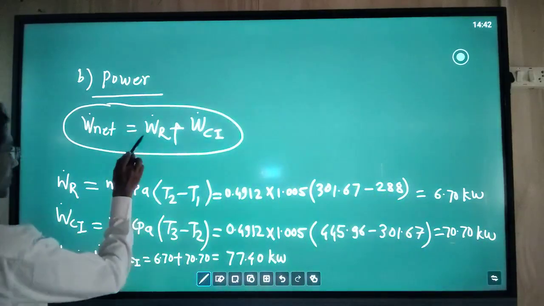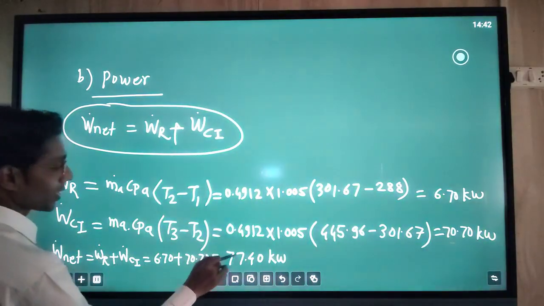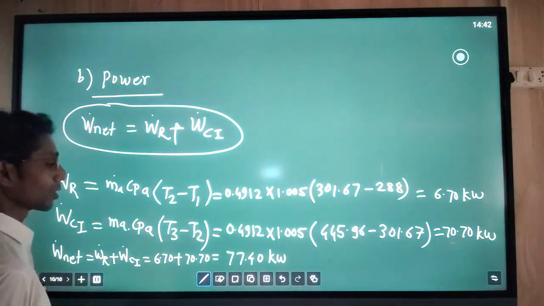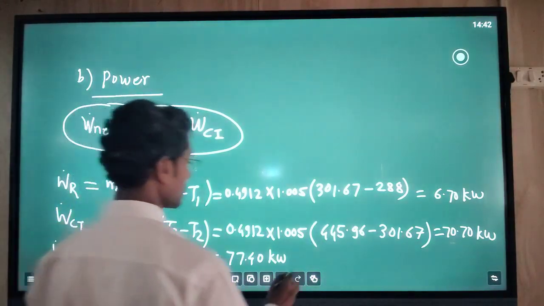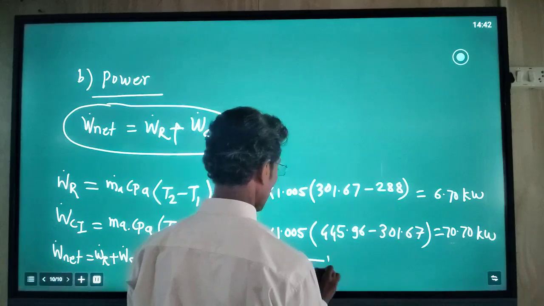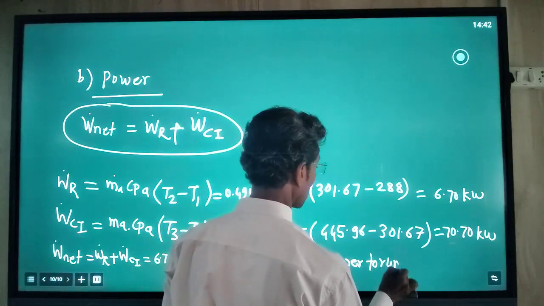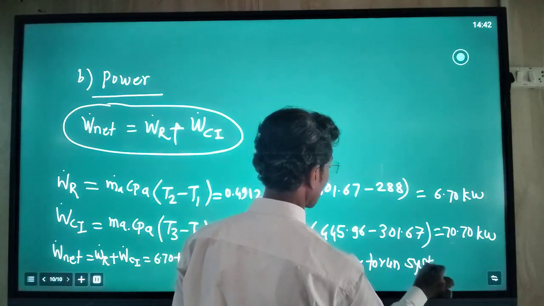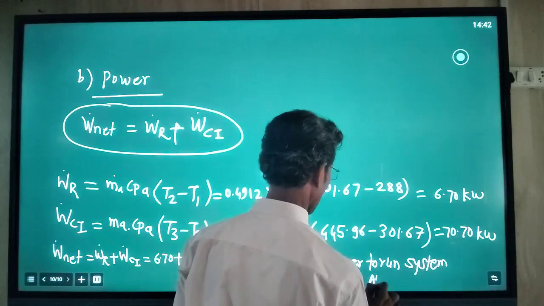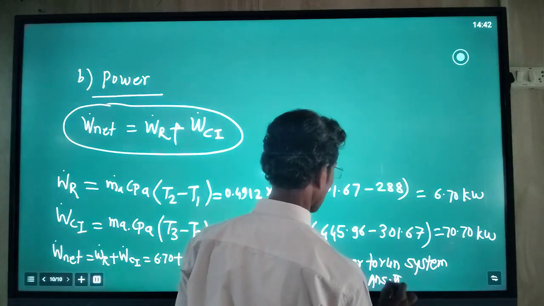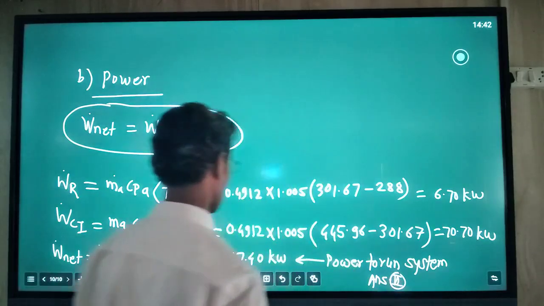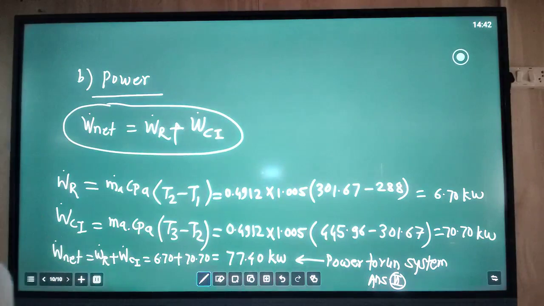Now the net consumption is the sum of these two values, that comes to 77.40 kilowatt. So this is the power to drive or run the system. This is your second answer.